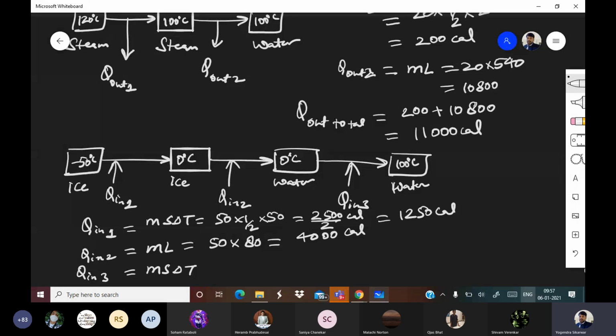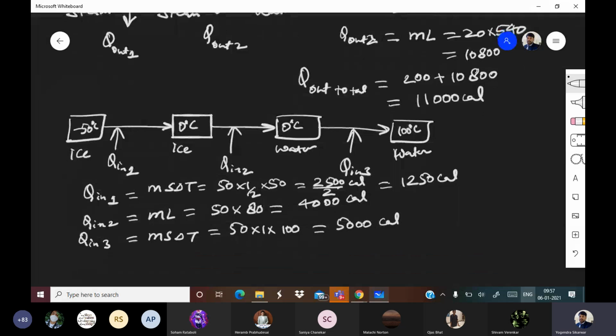Q in 3 will be m s delta T, where M is 50, S is 1, and delta T is 100. So that will be 5000 calorie.